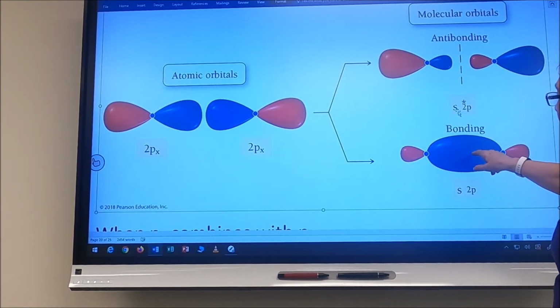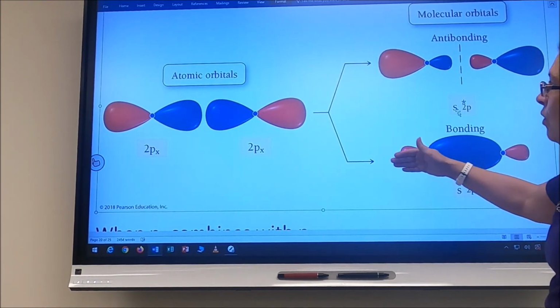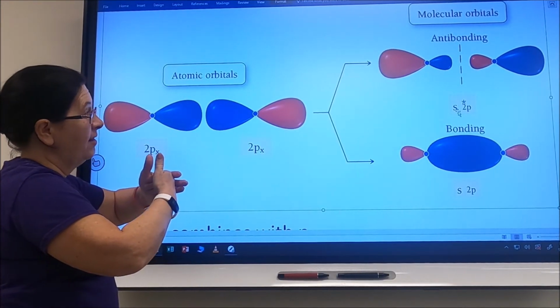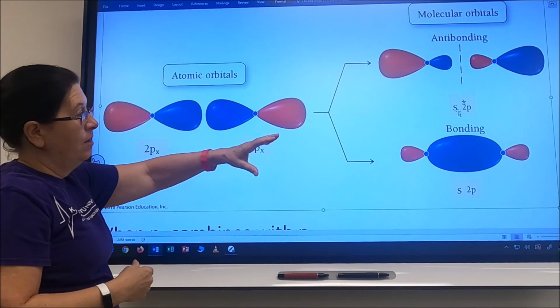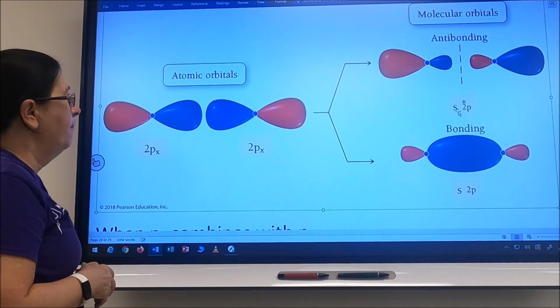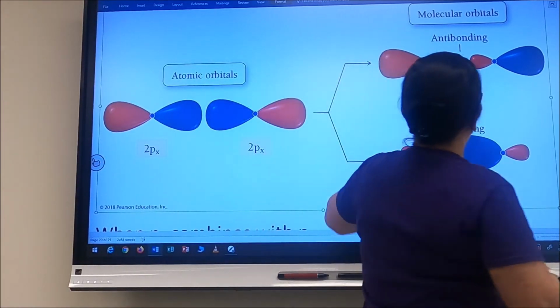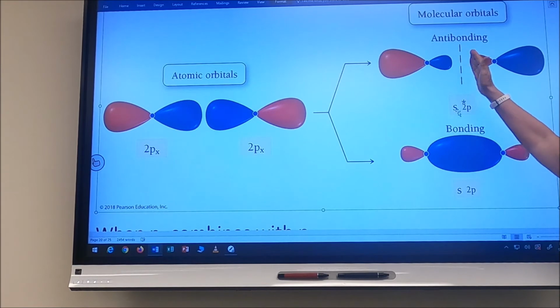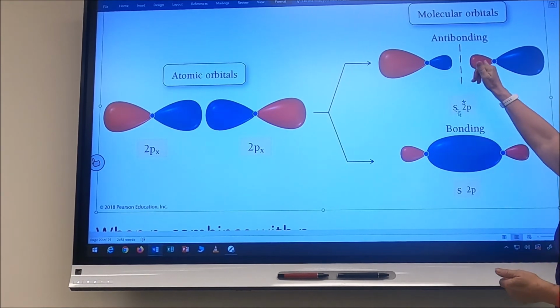We can get a bonding addition where those two pieces overlap, they're doing the same thing at the same time, and they get a nice fat center section. And we can get an anti-bonding addition. The anti-bonding addition has a dead space because they're doing opposites. That's what they're doing with the color coding here of blue and red.